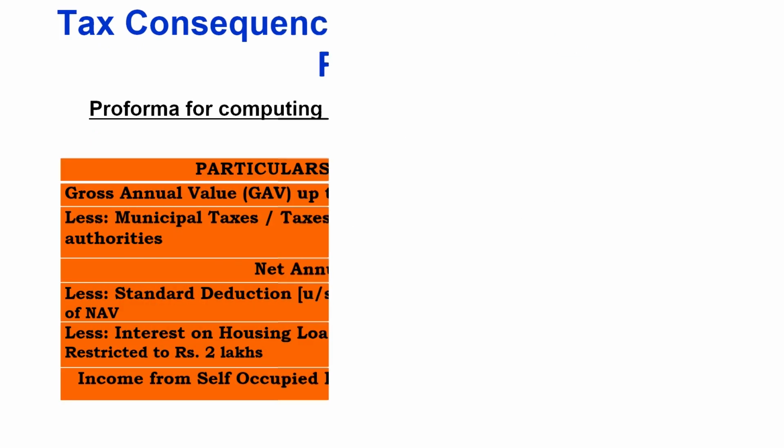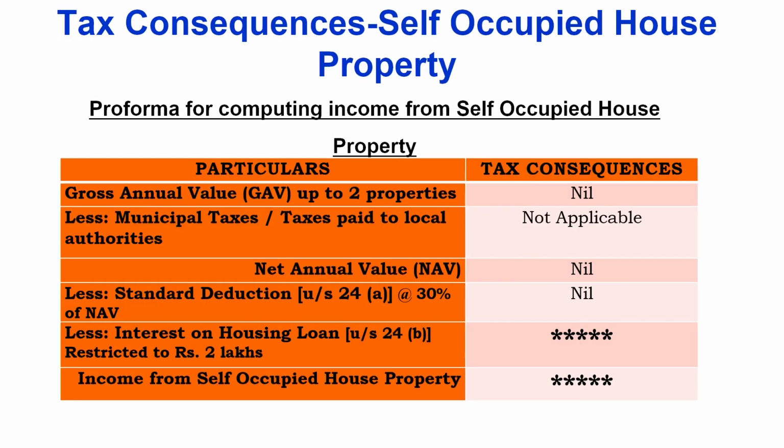Now let's see the pro forma for computing income from self-occupied houses. It's the pro forma. Here gross annual value up to 2 properties will be nil, and municipal taxes or tax paid to local authorities won't be applicable as deductions. So net annual value, that is NAV, will be nil.